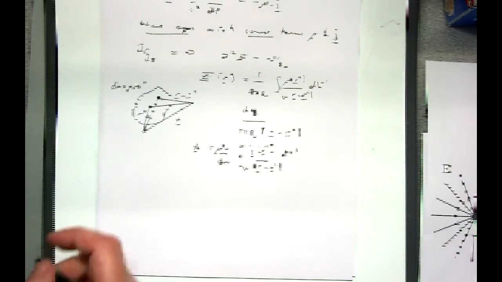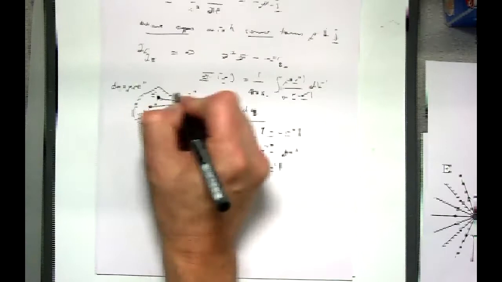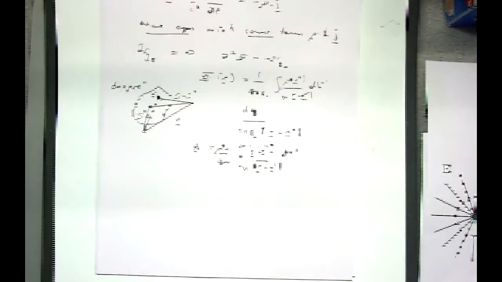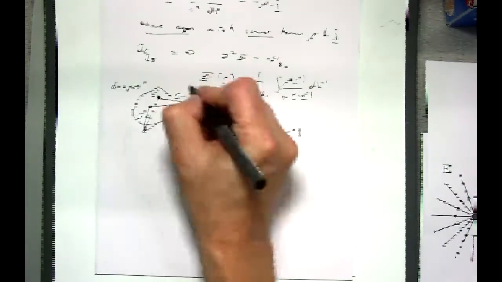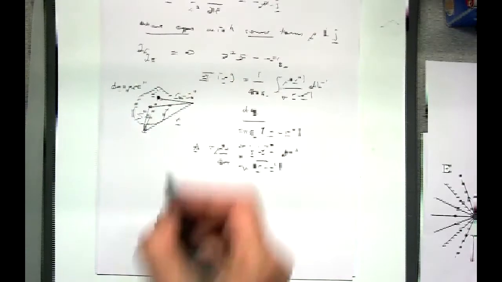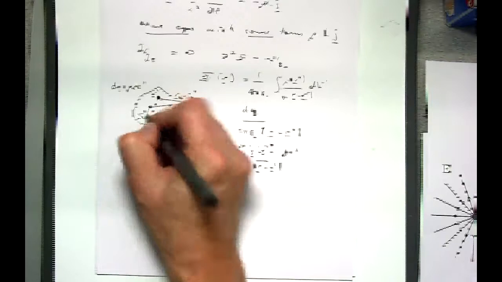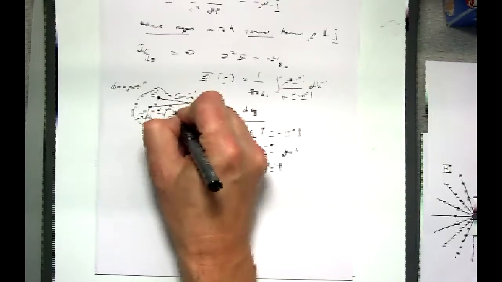So I might call them now R1 and R2. So this is R minus R2 primed, okay?